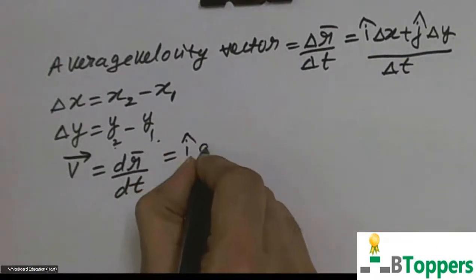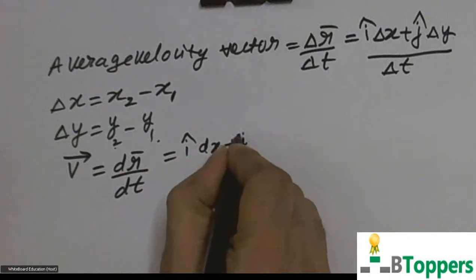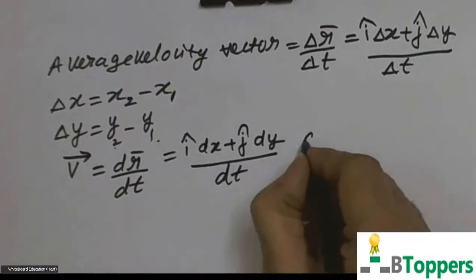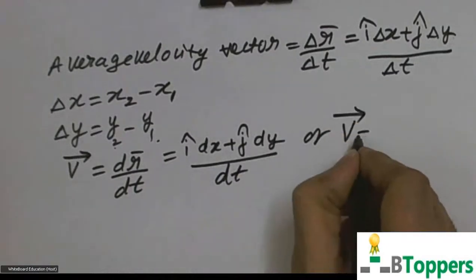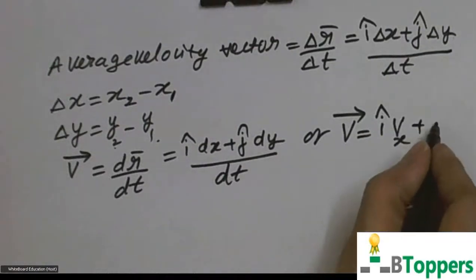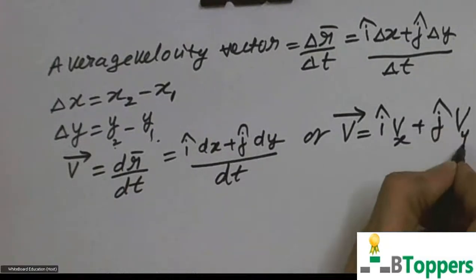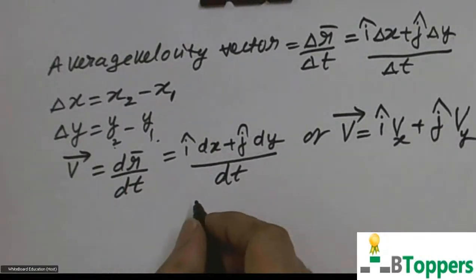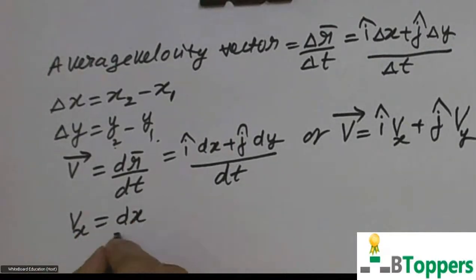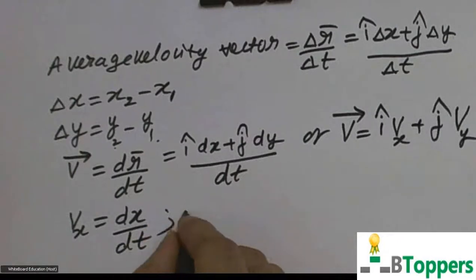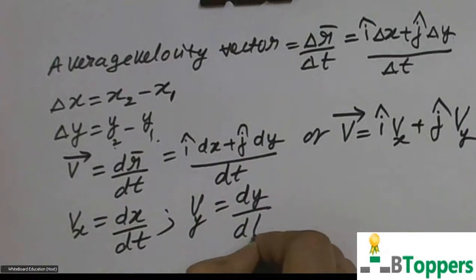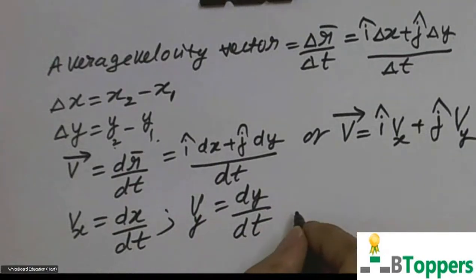Then dr bar you can write as i cap into dx plus j cap into dy. Or the instantaneous velocity of the particle moving in the xy plane is written in the form v bar equal to i cap into vx plus j cap into vy, where vx represents the x component of velocity of the particle, which you can write as dx by dt, and vy represents the y component of velocity of the particle, which you can write as dy by dt.